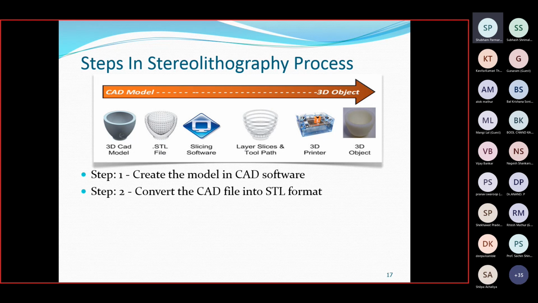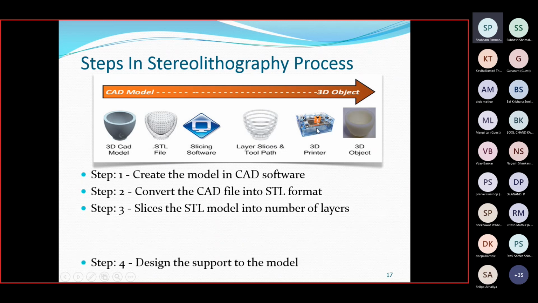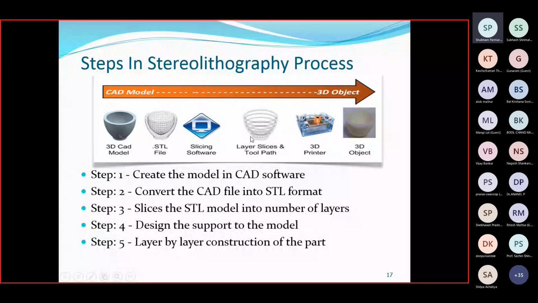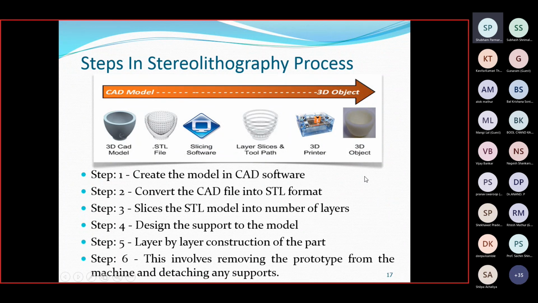So we slice that model into a number of layers. See, like this: basic layer, this layer, second layer, that layer, then another, then another. So we slice that complete model into different layers. Agreed? And then provide this to the 3D printer. Okay, and then it constructs each layer one at a time in the 3D printer itself, and at last we get our 3D object. Okay, this is the complete process of stereolithography.